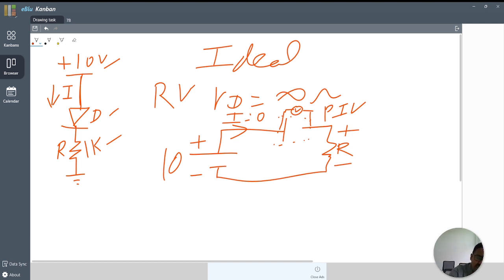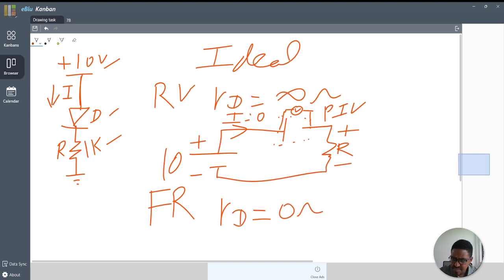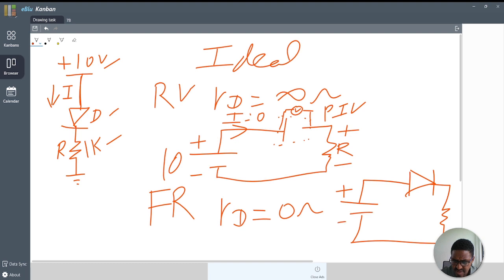But what happens during forward bias? During forward bias, our RD becomes zero. Let's show our circuit when the positive side of the battery is connected to the anode side of the diode, and the cathode to the resistance, and the resistance to the negative side of our battery.